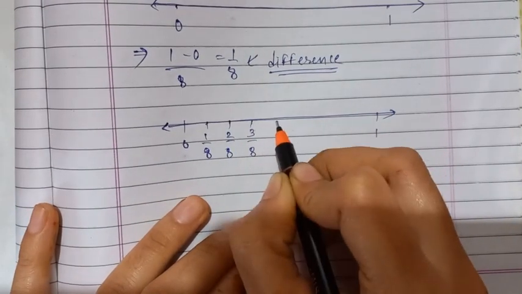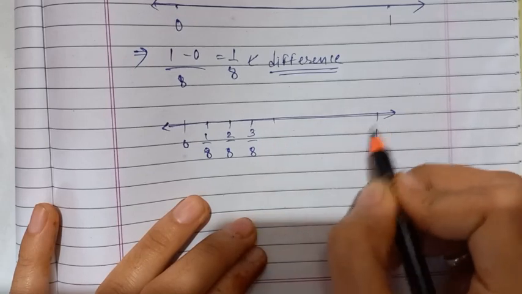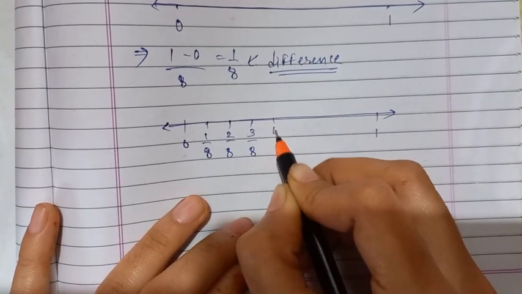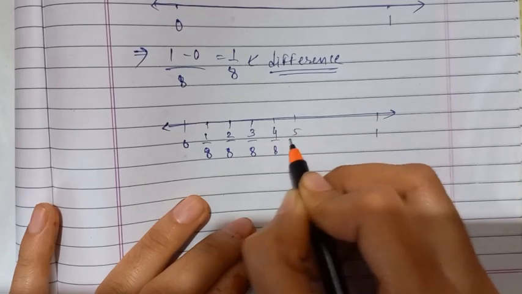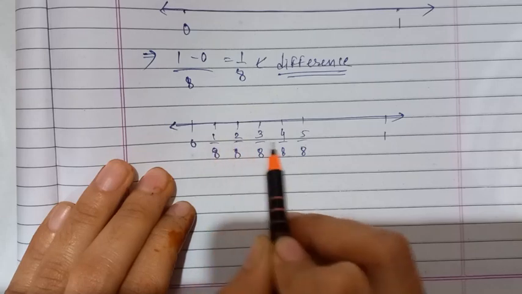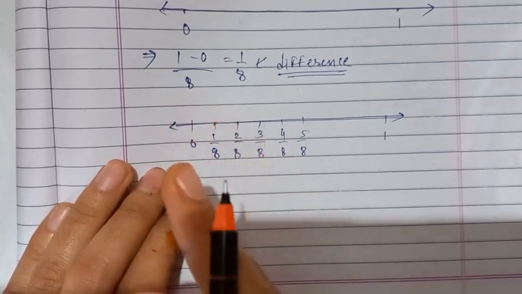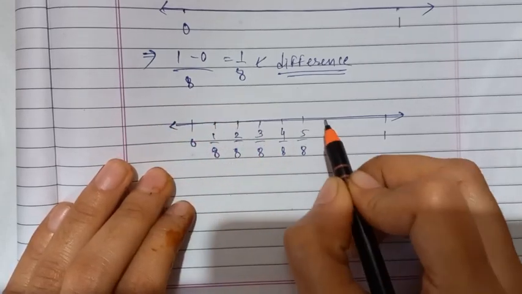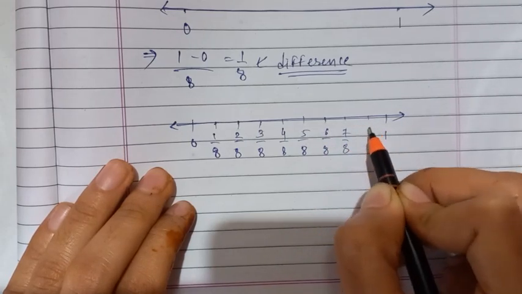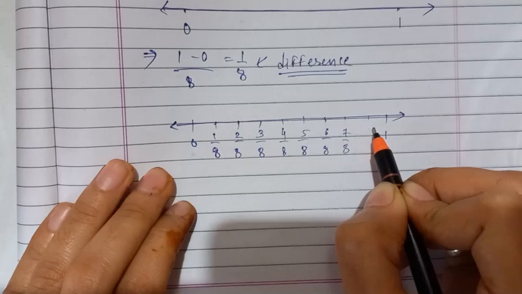Again 1 by 8. Until 1 we have to do this process. 1 by 8, 4 by 8. Then 5 by 8. See, the denominators are the same, and in the numerators a difference of 1 is added. 6 by 8, 7 by 8, and here 1.